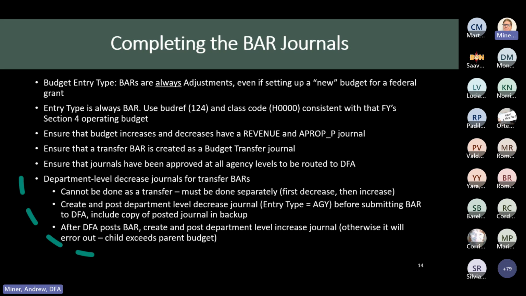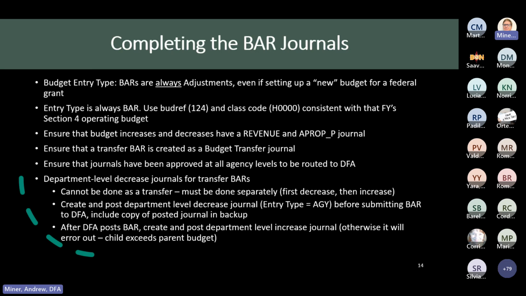You have to make sure that it is submitted to DFA so that we can first approve it in our queue and then go in and actually post it. We have to do both of those things as of SHARE 9.2, and that's fine. But we just have to make sure that you submit it to us. Otherwise, we can't do anything with it. Sometimes we'll be ready to post a journal and we'll go to look for it and we can't find it because it wasn't submitted. So make sure you get it submitted.